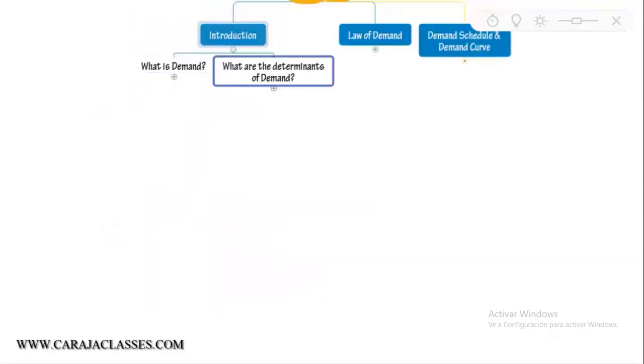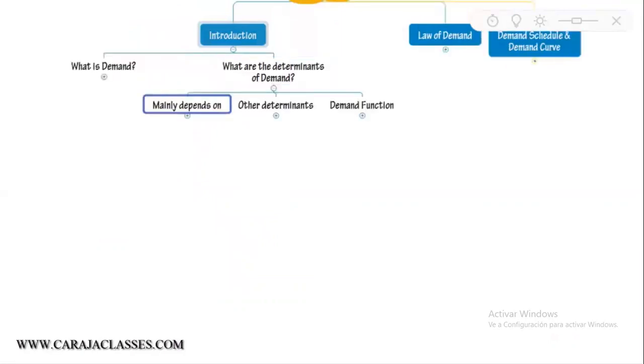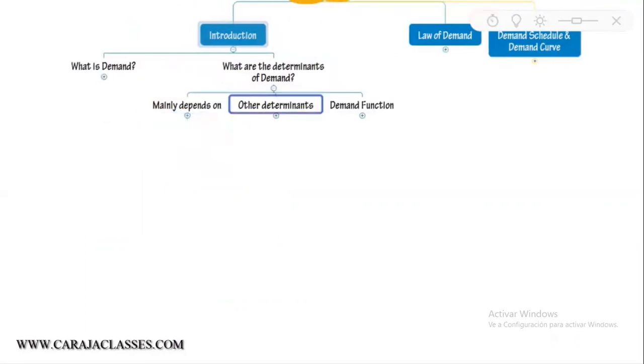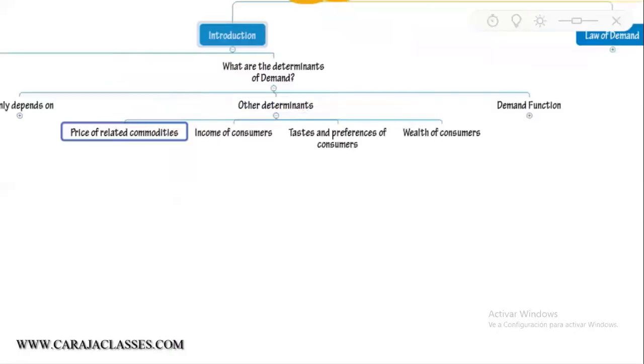And what are the determinants of demand? That also we should understand. The demand mainly depends upon the price of that commodity or product, but there are also other determinants of demand. It can be the price of related products. If the related product price increases or decreases, then it is possible the demand for the product you are looking for will also undergo a change.